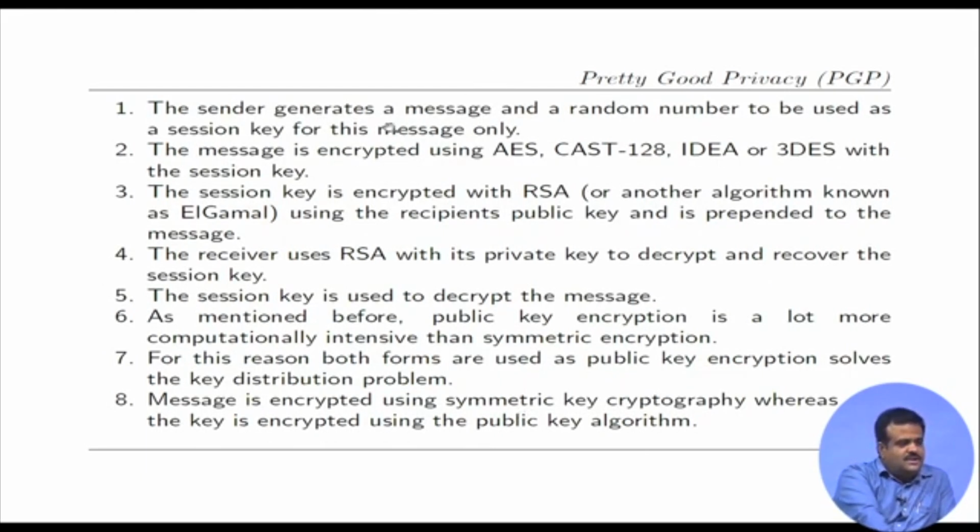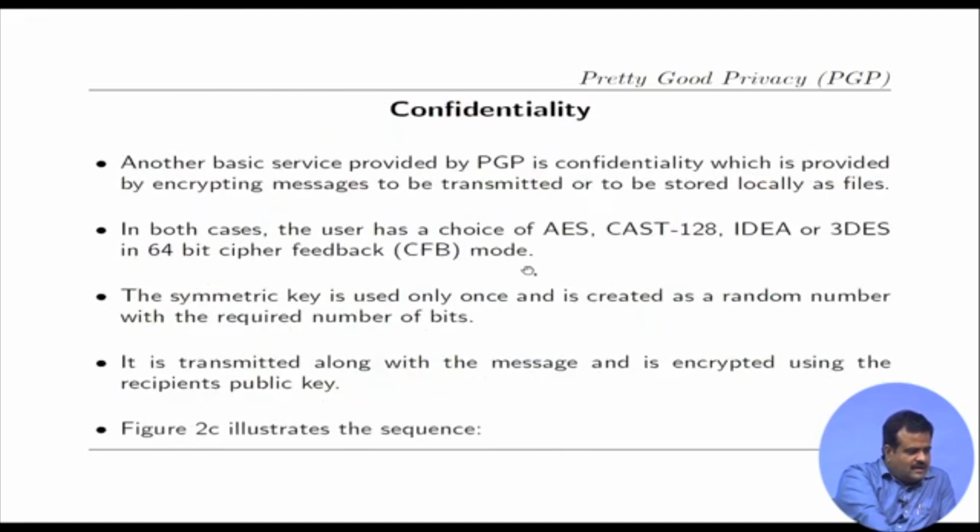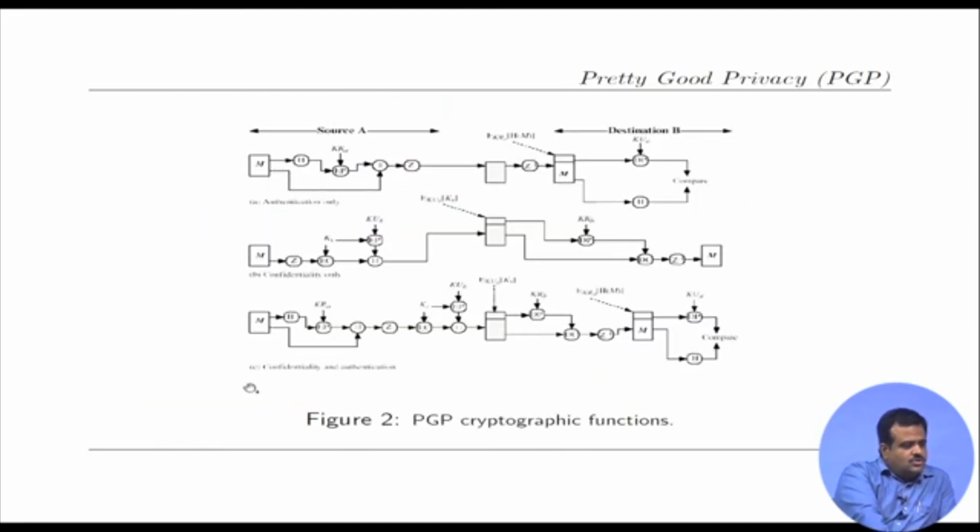The sender generates a message and a random number to be used as a session key for this message only. So let us go back to the slide picture. This figure shows both confidentiality and authentication. What we are doing here: we have the message, we first apply the hash function on this message, then we use public key encryption, which is the digital signature.